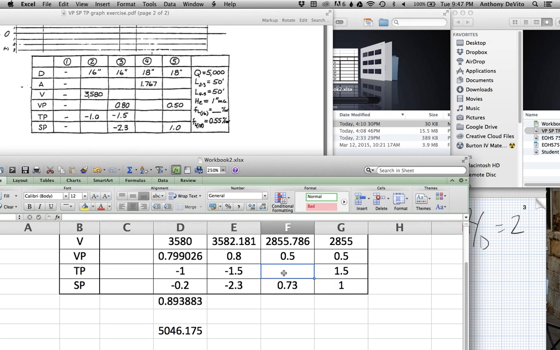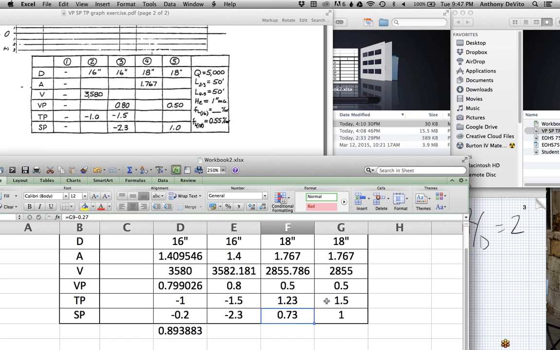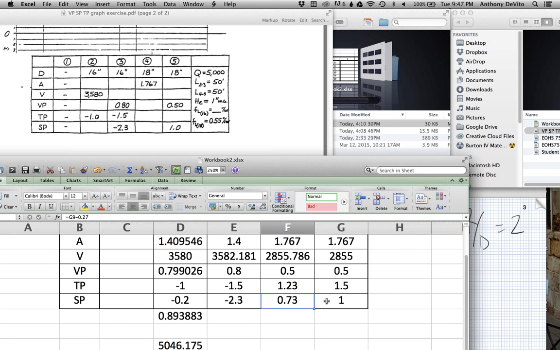A little convoluted, and what's our total pressure? Is going to be equal to this plus this. Okay, so it's a little convoluted. Oh, I'm sorry, this is higher. This is plus 0.27. Right, that makes sense now. We lose some static pressure on the discharge side because we're going through that 50 feet of ductwork.